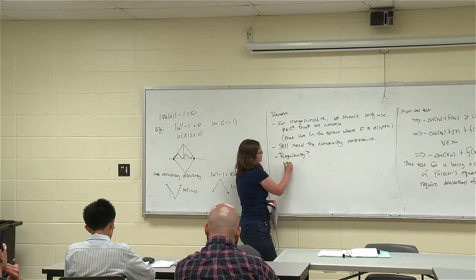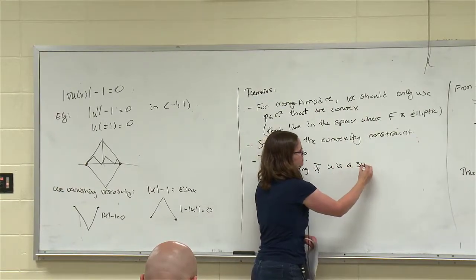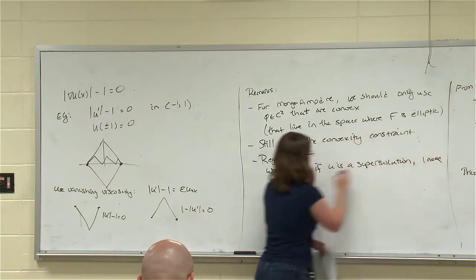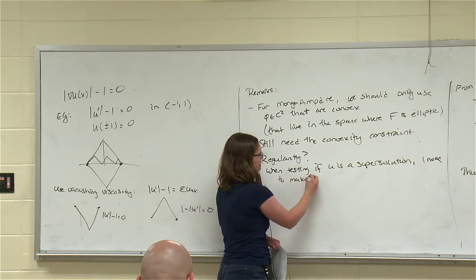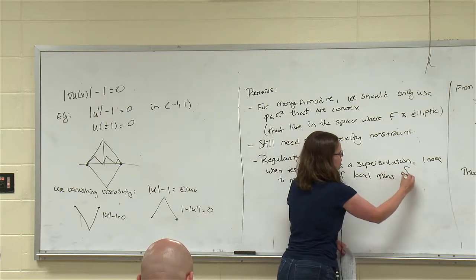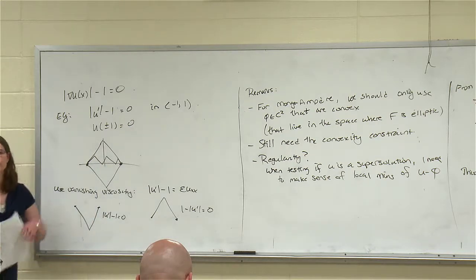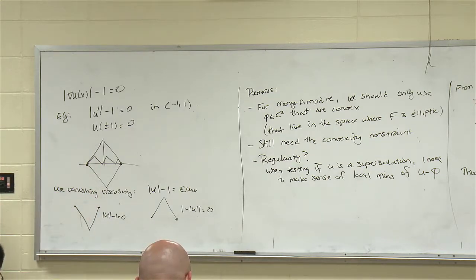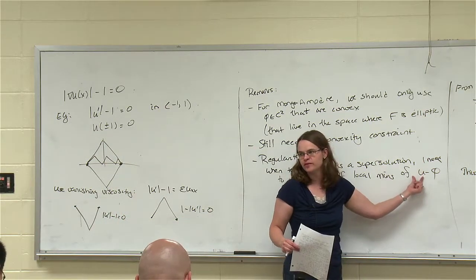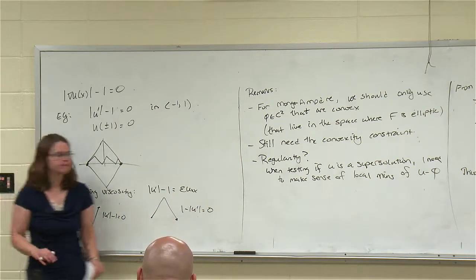So when testing, if U is a supersolution, I need to make sense of local mins of U minus phi. Phi is smooth, so we don't really care what's going on there. The real question is, what do I need to be able to make sense of local mins of U? I don't need it to be smooth. I don't need it to be continuous even.